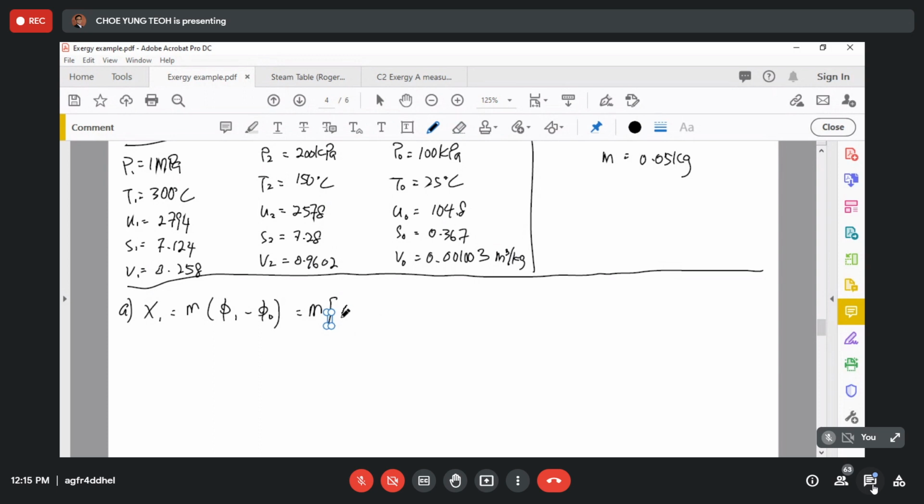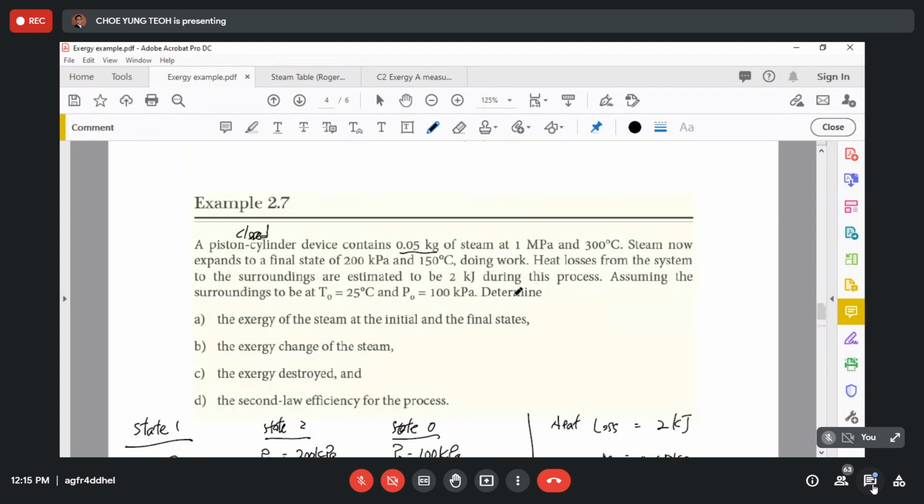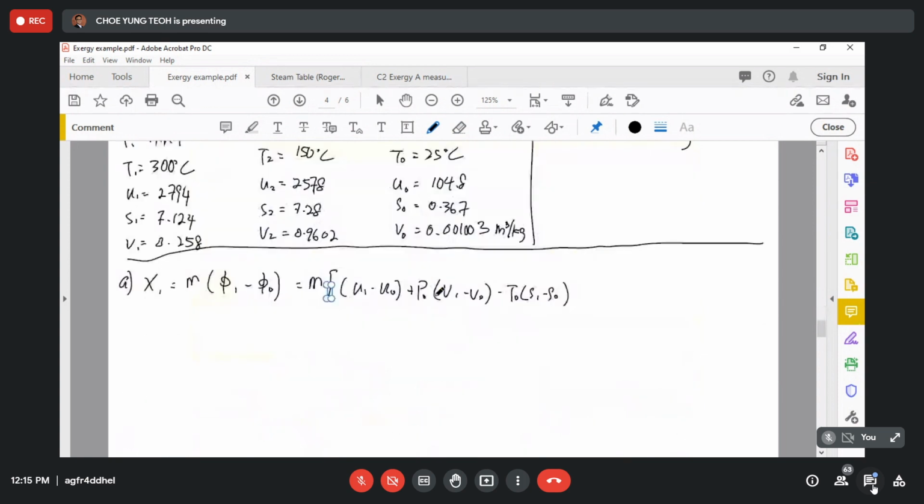So the first term for non-flow is the change of internal energy, then work done to the surroundings, then irreversibility, kinetic energy and potential energy. I think I can just skip those because they are not relevant here.